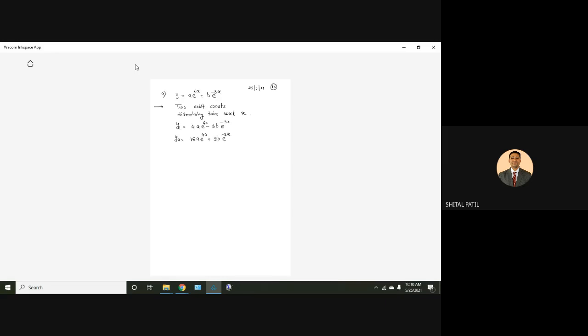So see, in this case, the coefficients of a and b, the coefficients of the first and second term, are different. One is 16, other is 9. If both of them are 16, or both of them are 9, or both of them are the same, we can take a constant and we'll get y once again. That we have done in the previous example. It is not possible here. Therefore, we are using the determinant method. So by determinant method.